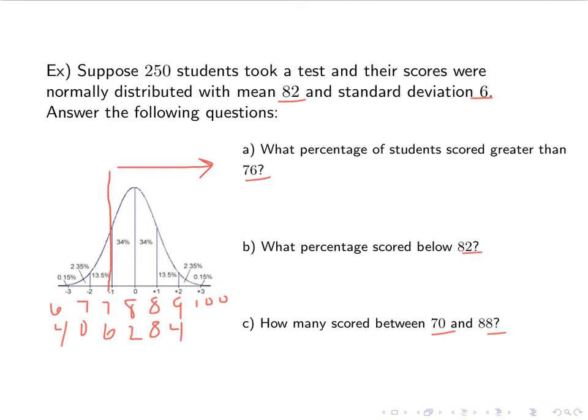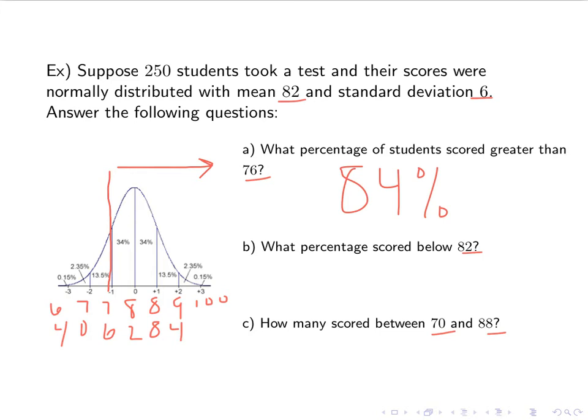So I'm going to add up all the percentages that are to the right. So the 34 plus the 34 plus the 13.5 plus the 2.35 plus the 0.15. And if I do that, I should be getting 84%. Notice that if I add all of them up, I get 100%, which hopefully makes sense.